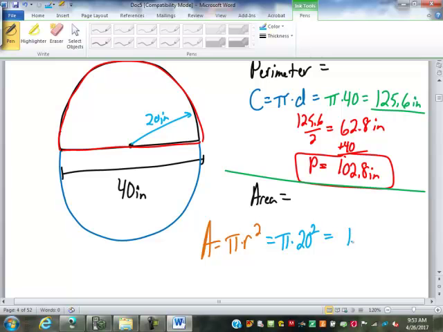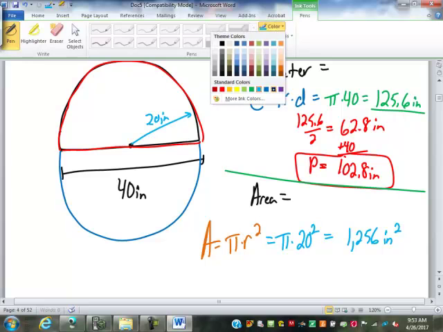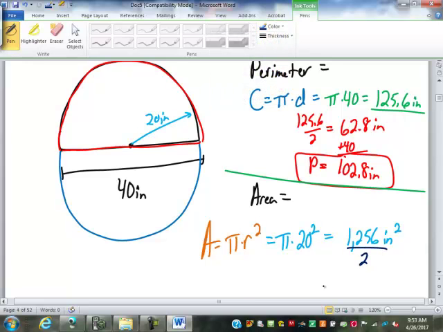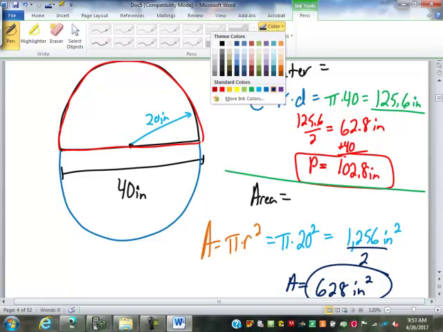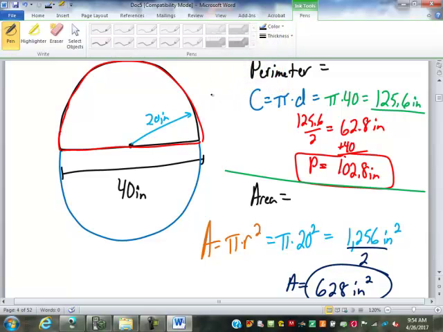Pi times 20 squared is 1,256 inches squared. But that would be, again, for the whole circle, so we need to do what? Divide that by 2, because we only have half a circle. So that's going to be 628 inches squared. That's the area. Well, that's not so bad, is it?